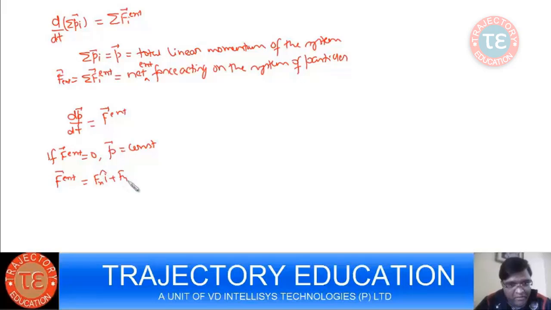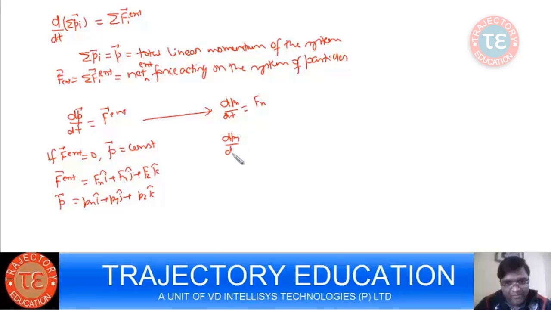I can write FExt as Fx i, Fy j and Fz k, and P can be written as Px i, Py j and Pz k. In that case, this will break into three scalar equations: dPx by dt equals Fx, dPy by dt equals Fy, and dPz by dt is Fz.